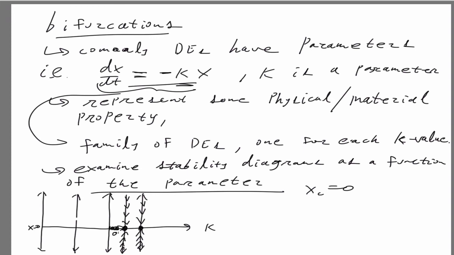So what I can do is draw a dark solid line indicating that there is stability for k positive. And then all of a sudden here, I can draw more of an open line, with the arrows now going away.